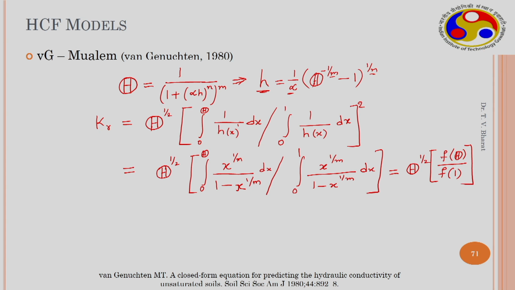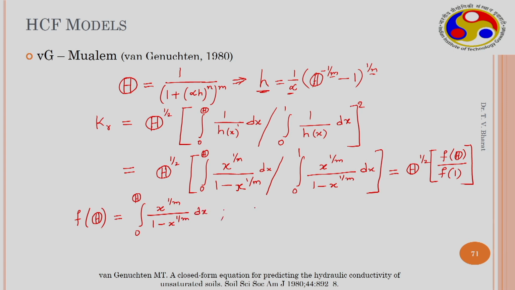So if you obtain the f of theta value, then you can obtain the f of 1 value also. So the f of theta value is integral 0 to theta x power 1 by m by 1 minus x power 1 by m dx.